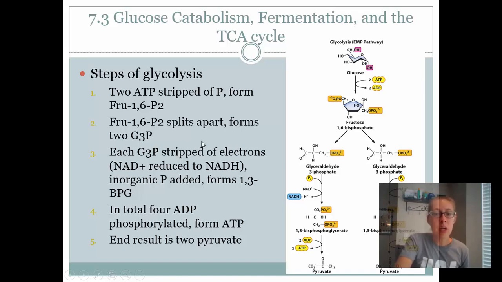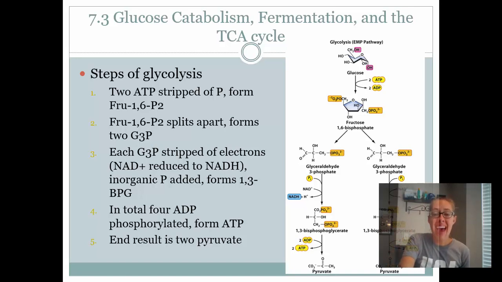Now, those G3Ps are going to have electrons pulled from them, okay? So they are going to be oxidized, and our NAD is going to be reduced to NADH as it picks up those electrons.